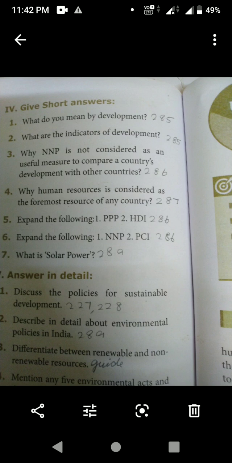Page number 287 and 288. Sorry, I said the wrong page earlier, so page number 287 and 288.